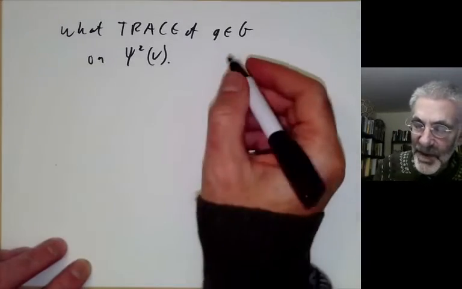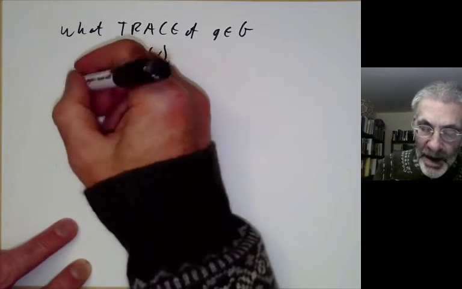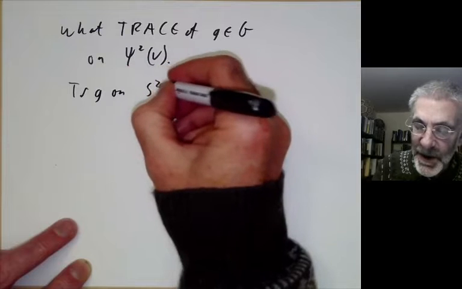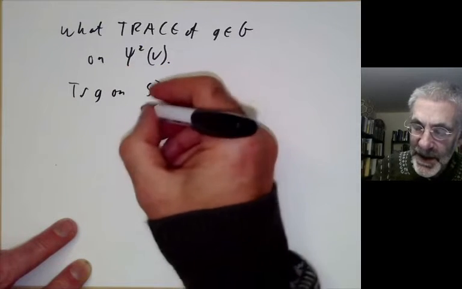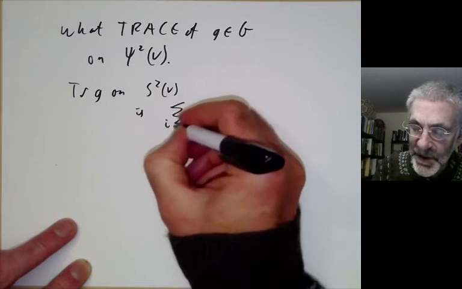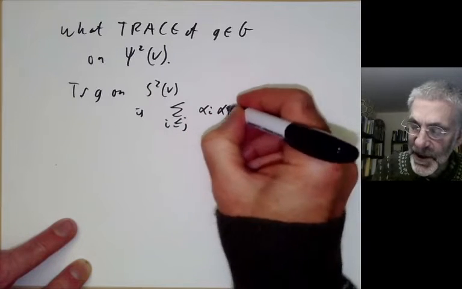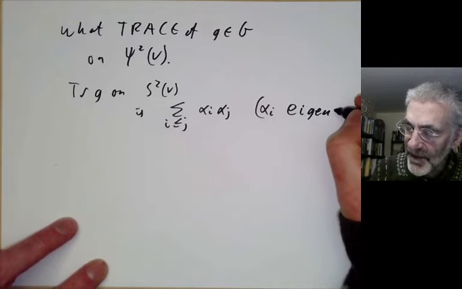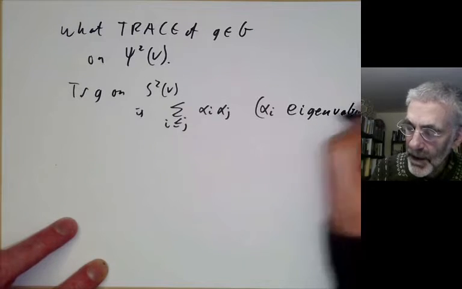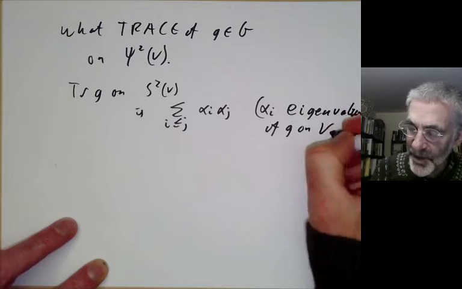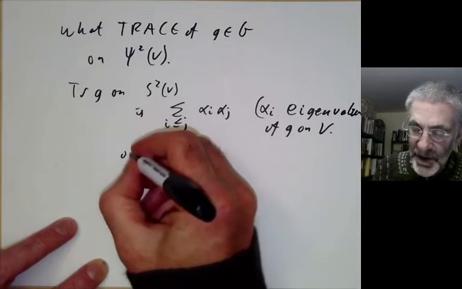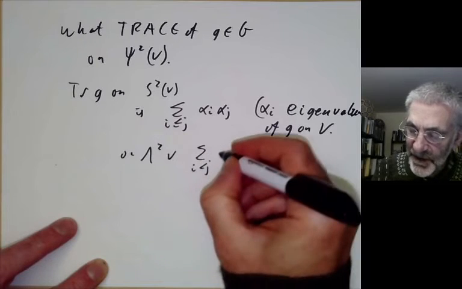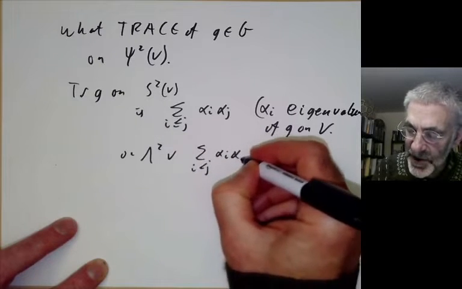And the trace of g on s squared of V is just the sum over i less than or equal to j of alpha i alpha j, where the alpha i are the eigenvalues of g on V. And the trace of g on lambda squared of V is the sum over i less than j of alpha i alpha j.